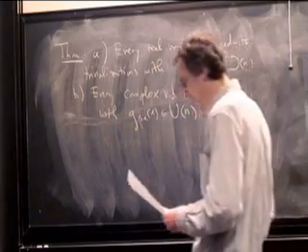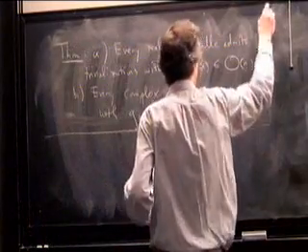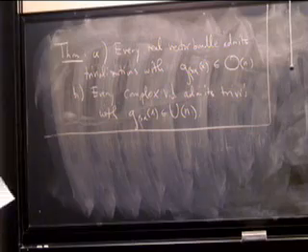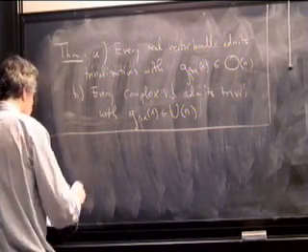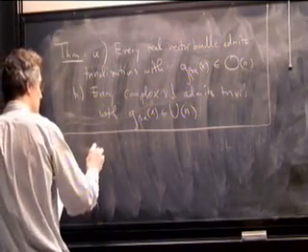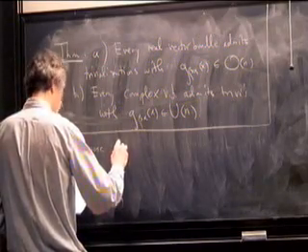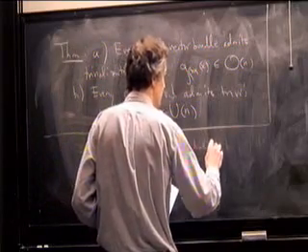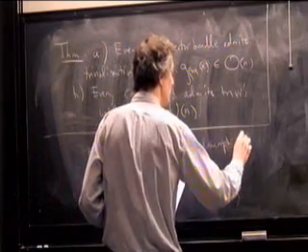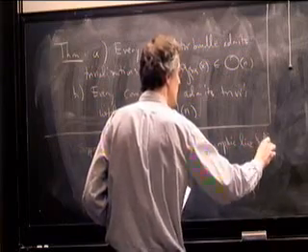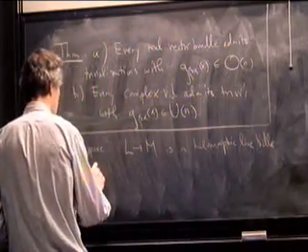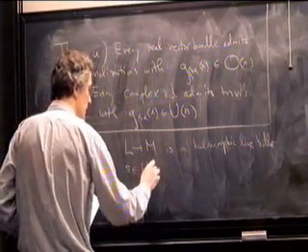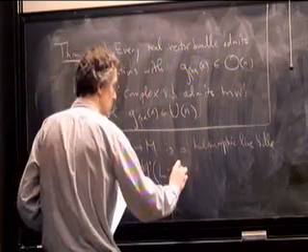Now, here's a good exercise for thinking about some of the things I've said. You have to know a little cohomology to do this, but if you do, suppose that L over M is a holomorphic line bundle, and suppose that s is a globally defined holomorphic section.